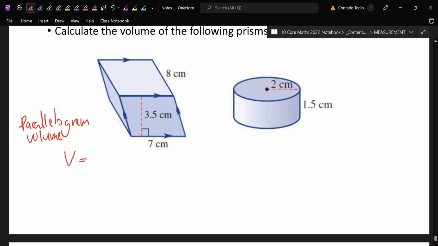So the parallelogram volume will be base times the height multiplied by, now if I said h again, you'd probably get confused, so let's just call that the width.